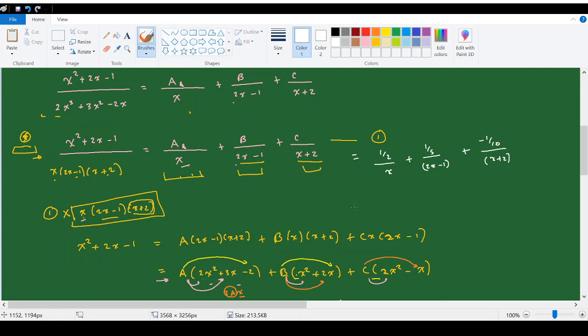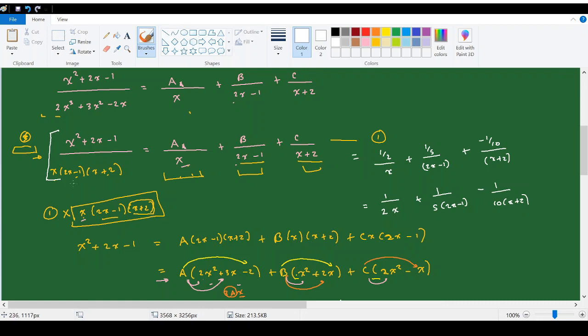And also we can write down another step where you can take this 2 also to the denominator of our original term, so you can write it down like this, 2x minus 1 and will be negative 1 over 10 times x plus 2. Okay, so this is the complete answer for the partial fraction of our given improper rational function.